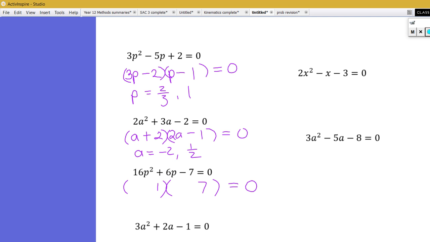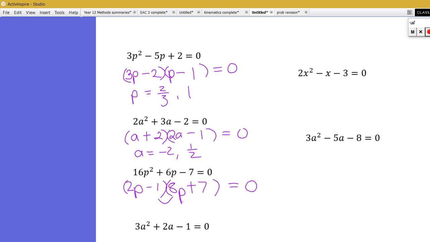So I'm going to try using 2p and 8p and see if I can get that 6p. These two together and those two together are going to give me my p terms. And yep, 14 and 8, I can easily get to 6 like that. I need 14 minus 8 to get 6p.